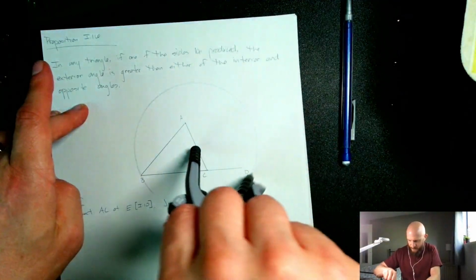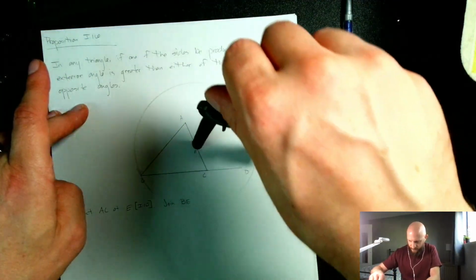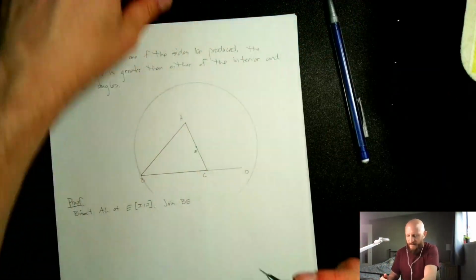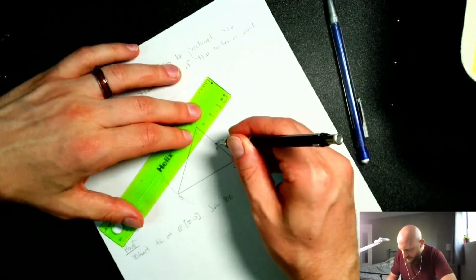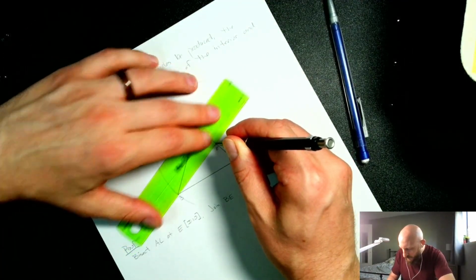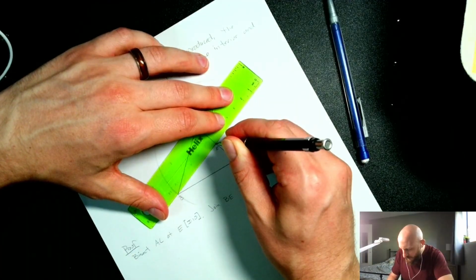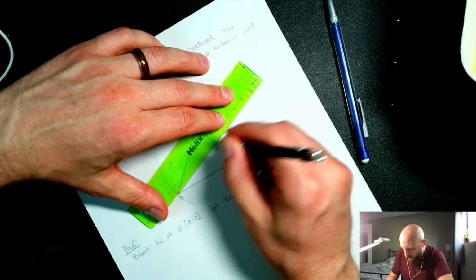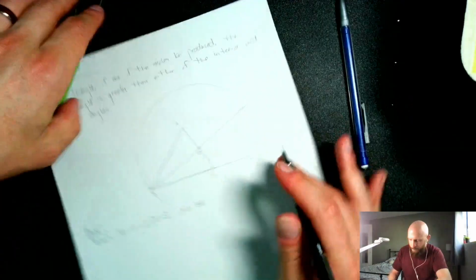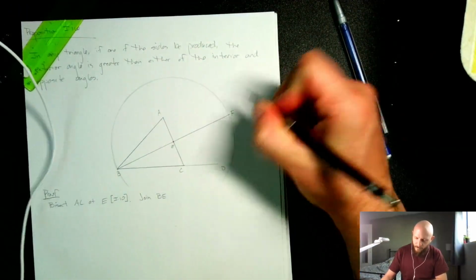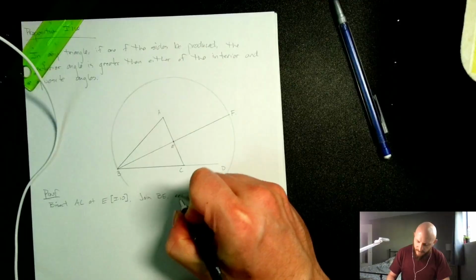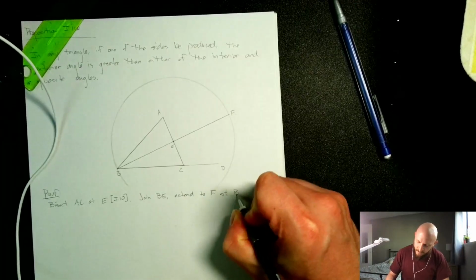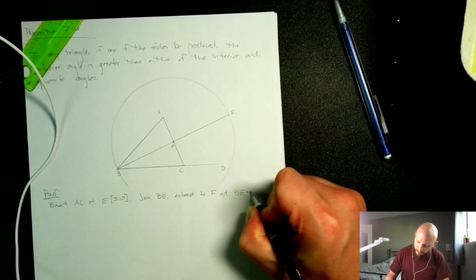I don't want to draw through my proof. There we go. Now if I extend BE out to this circle, where it meets, I'll call that F, and draw this whole line here.